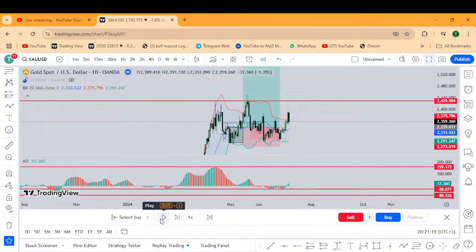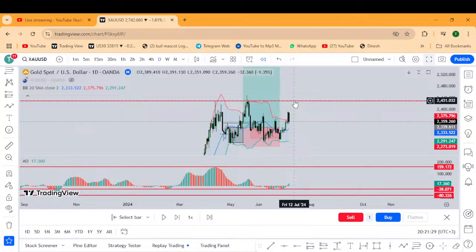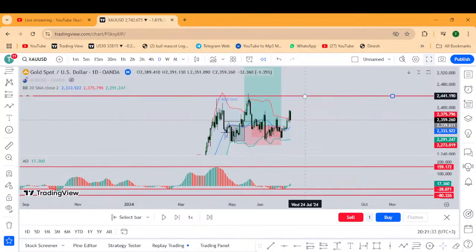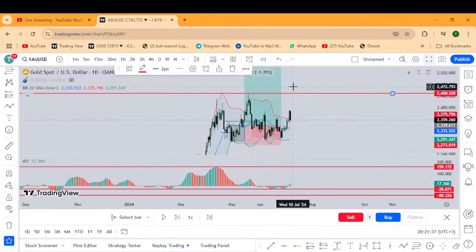Now with this, let me clarify. We are no longer waiting for the market to break this, because this is the highest point the market reached. So now our next break of structure will happen only after this wick has been taken out.